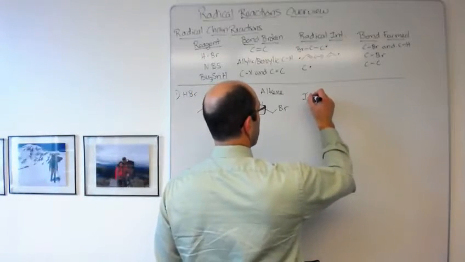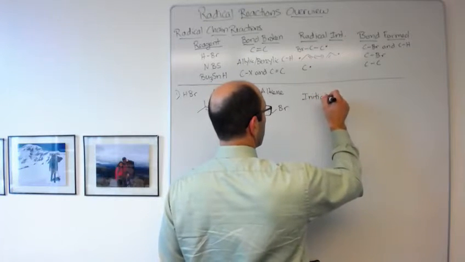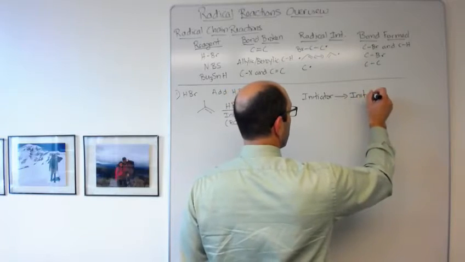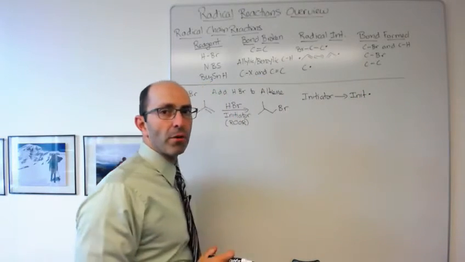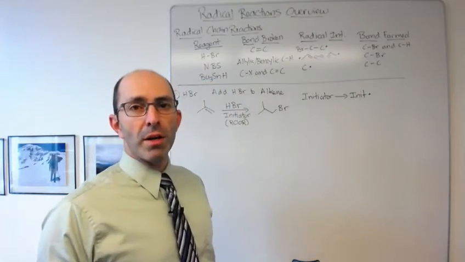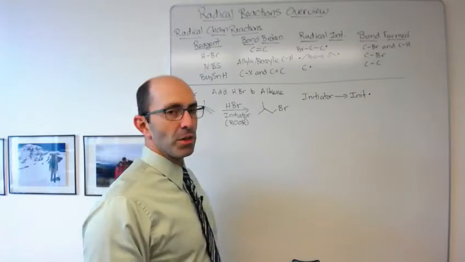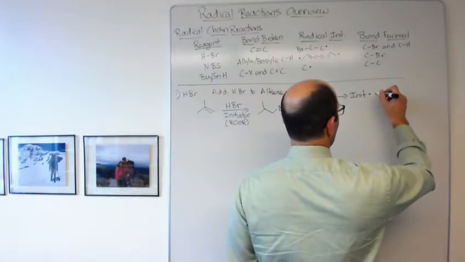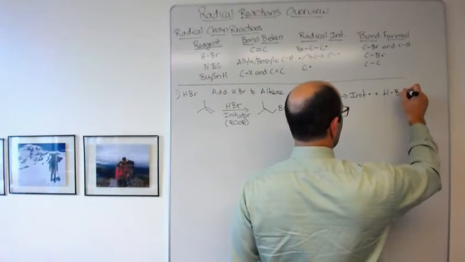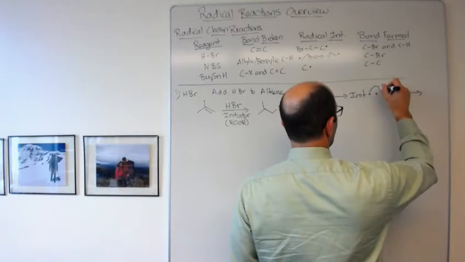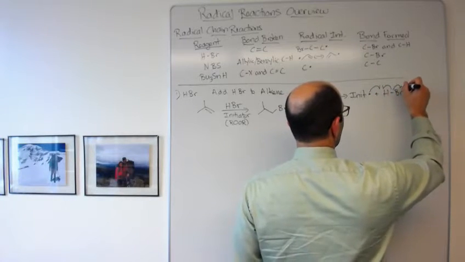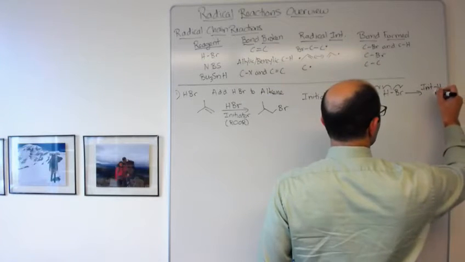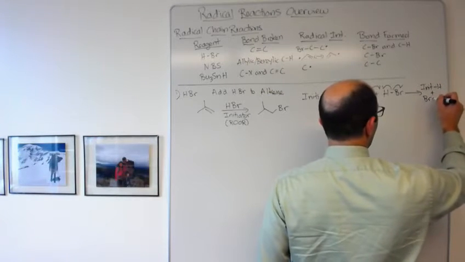So the first thing is that we have some initiator, and that initiator is going to form some sort of initiator radical. And we did peroxide in class. Doesn't really matter what that initiator is, and that's why I'm just writing it as generic initiator. React that with HBr, and we're going to form a bond from the initiator to hydrogen and Br radical.